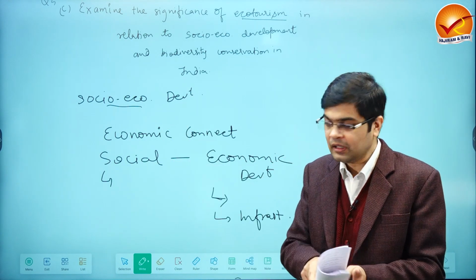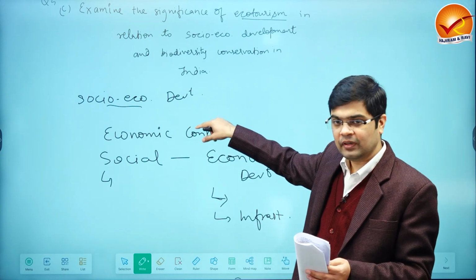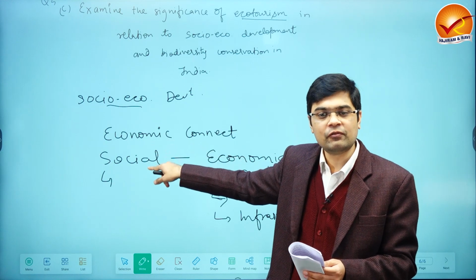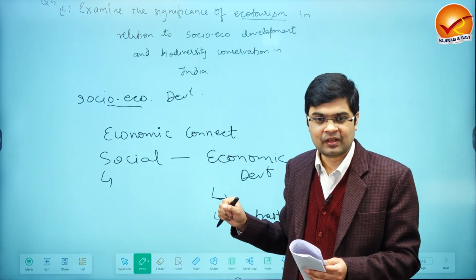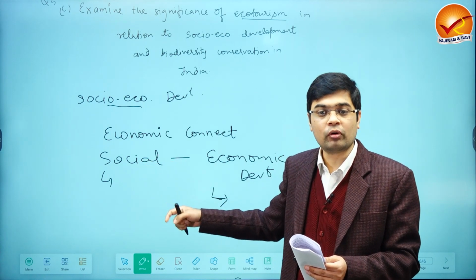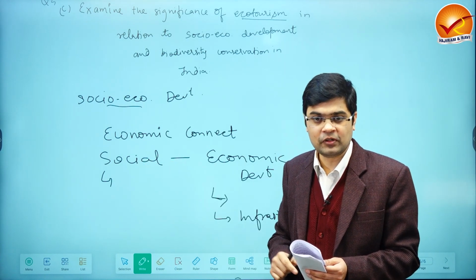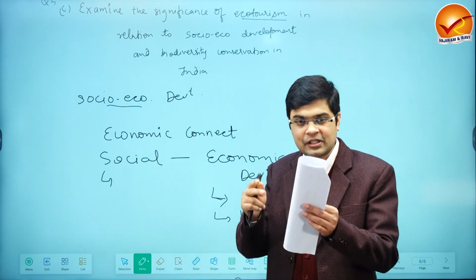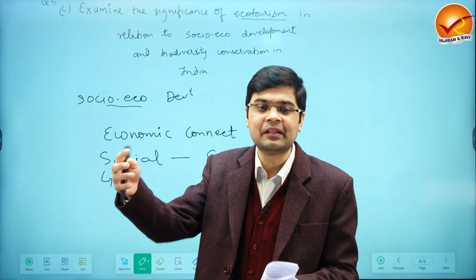When we talk about ecotourism, we will compare it with mass tourism. What happens in mass tourism? Disregard for local culture. Okay? We are not respecting the local culture, we are not respecting the local traditions, which is not the case in ecotourism. The culture of a place becomes popular in the other areas.